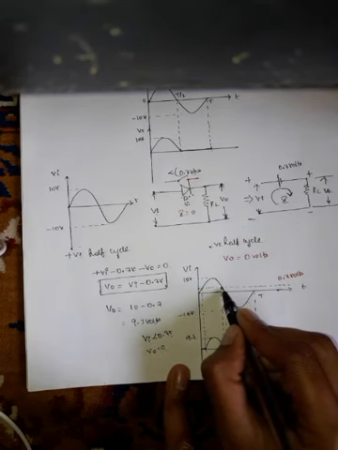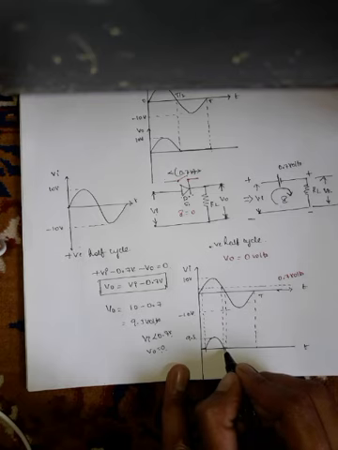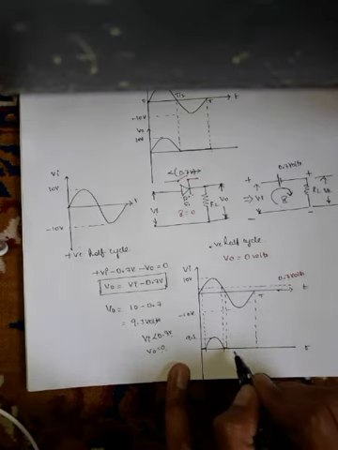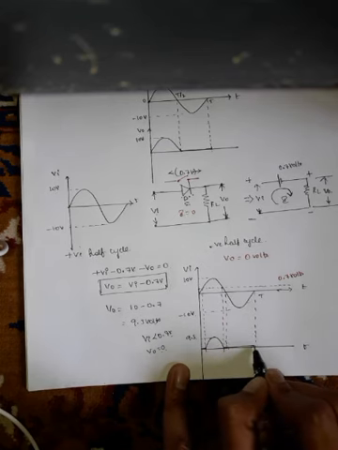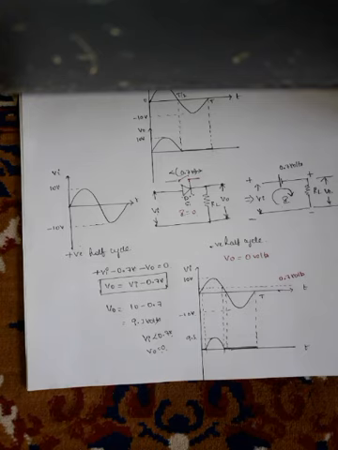When the input voltage is less than 0.7 volts, again the diode will be in the off condition. The waveform will be like this. So during the negative half cycle, the output voltage is equal to 0. This is how we find the output voltage as well as draw the waveform for the input and output voltage.